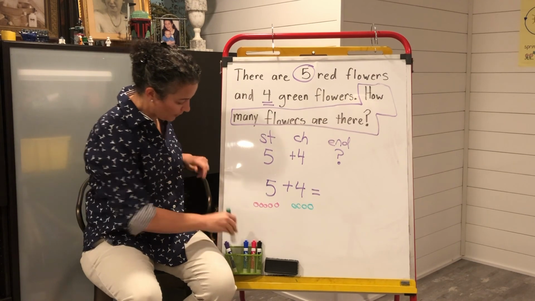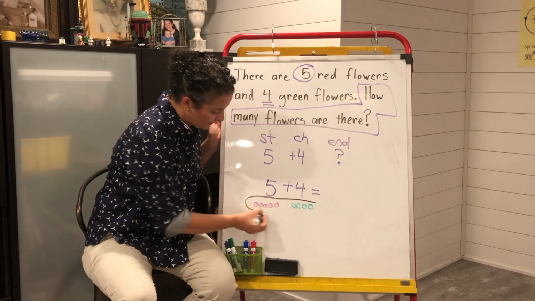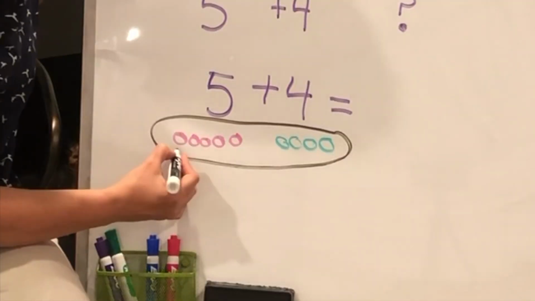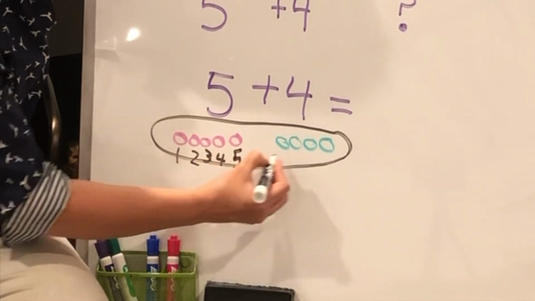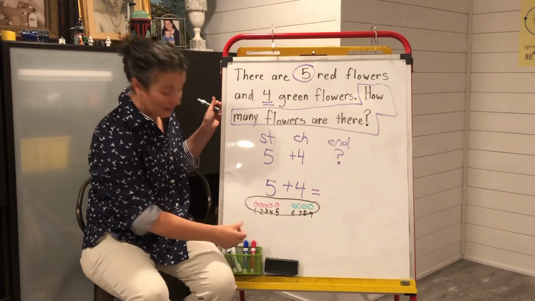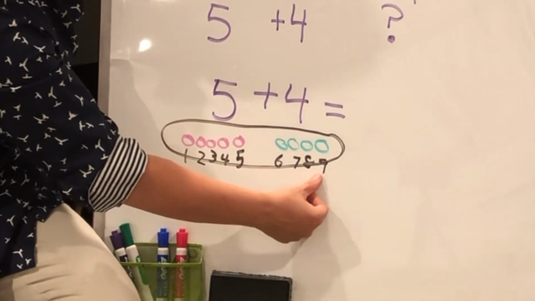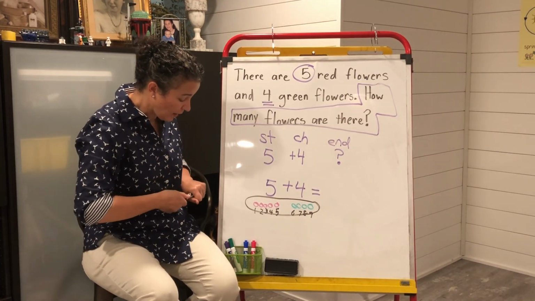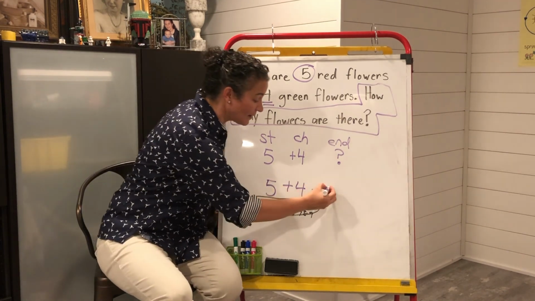And now, my friends, I'm going to circle the whole thing and put it together. And now we're going to count it up. Would you help me count? Here we go. 1, 2, 3, 4, 5, 6, 7, 8, 9. Let's count it again. 1, 2, 3, 4, 5, 6, 7, 8, 9. All right, my friends, so what is the sum? What is the sum of 5 plus 4? Yeah, our sum is 9.